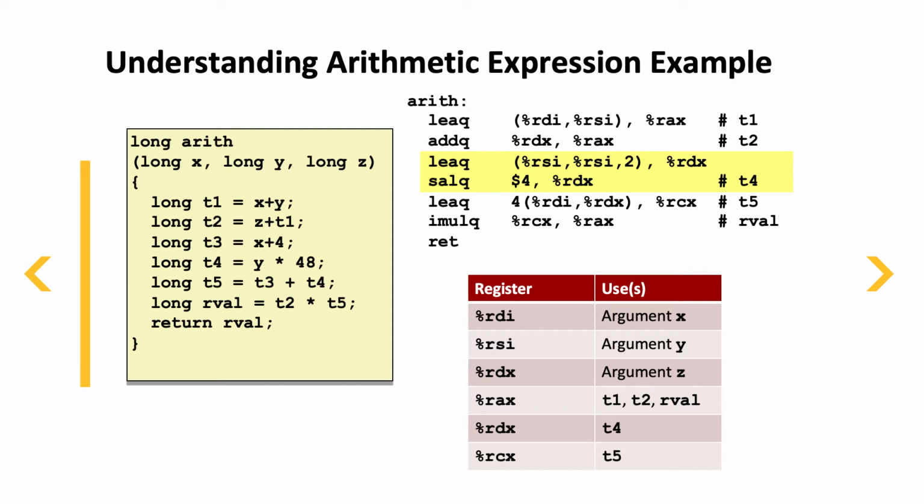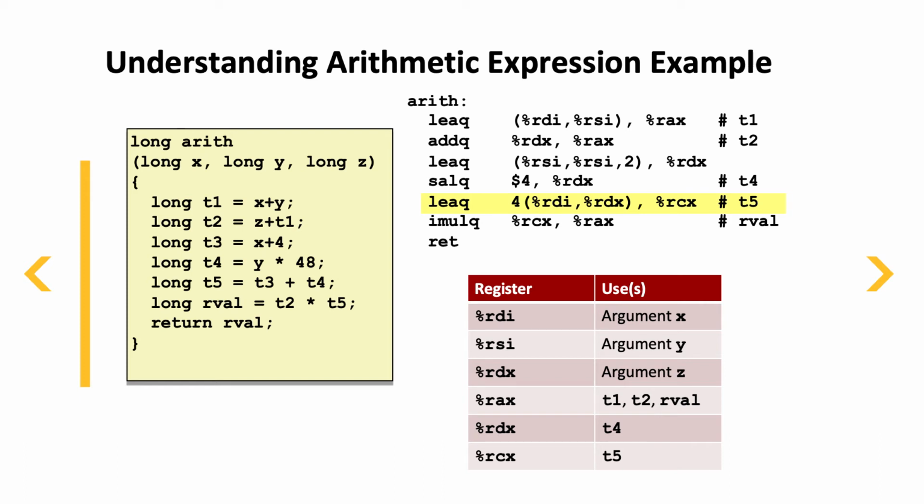Now we can move on to T5, where we'll just sort of sink T3 into the calculation. So we take a look at another LEA. We have a displacement of 4. RDI, which is argument X, is our base register. RDX, which remember, that's now T4, is going to be our index register.